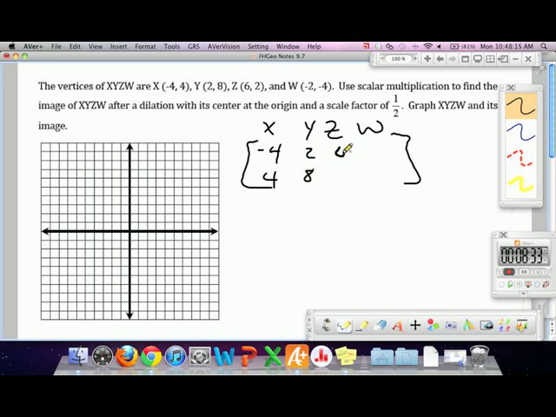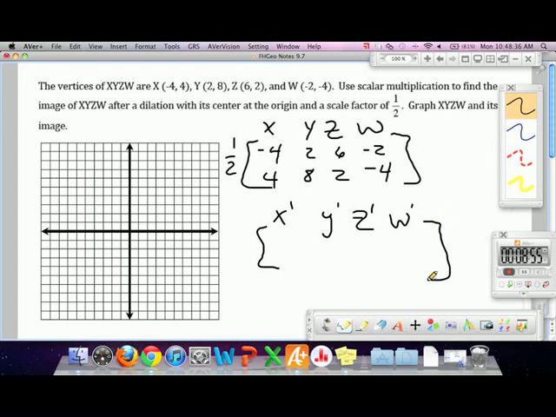We want the scale factor to be 1/2, so we'll multiply this matrix by 1/2 to get the image matrix X prime, Y prime, Z prime, W prime. Our image matrix should be 1/2 times each of those, which is half of each: -2, 2, 1, 4, 3, 1, -1, -2. That is the image matrix.